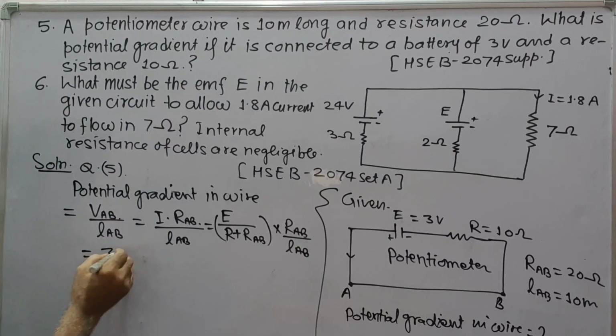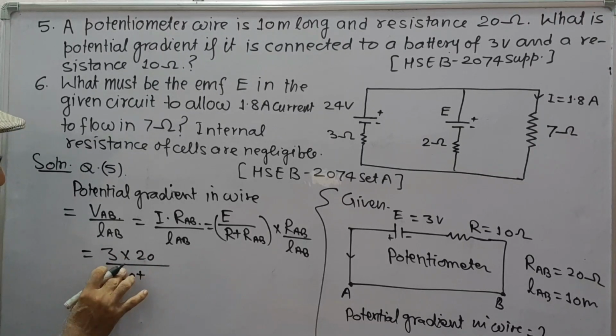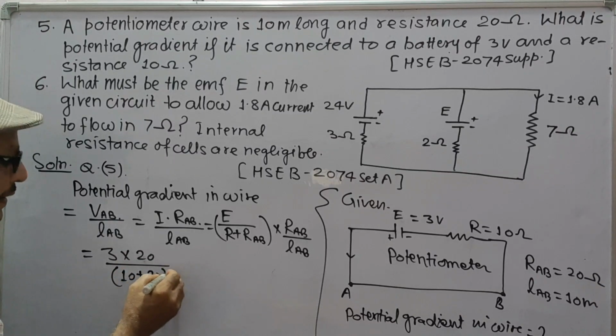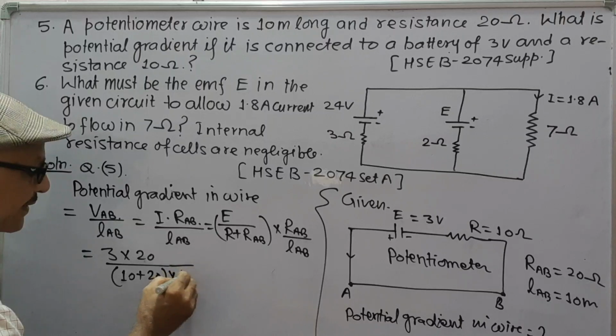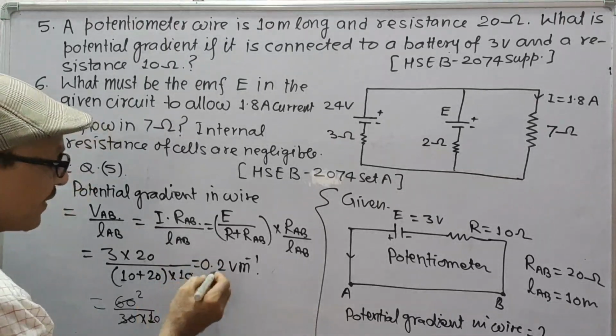E is 3, RAB is 20, upon R plus RAB, R is 10 and RAB is 20, into LAB is 10. So this comes to be 0.2 volt per meter.